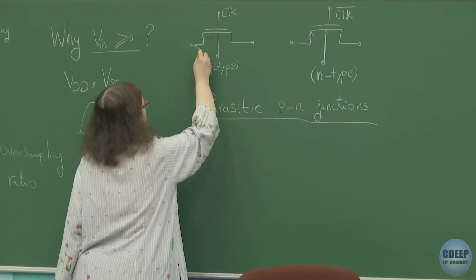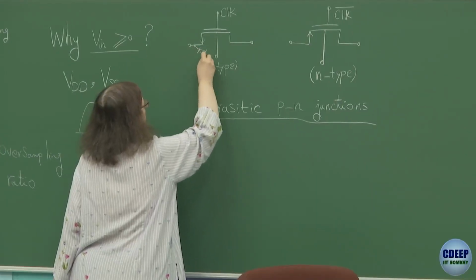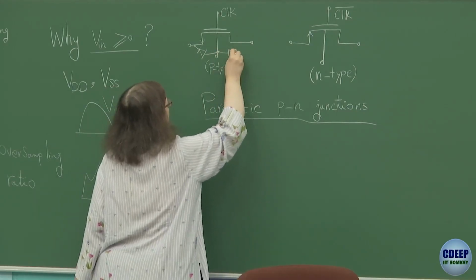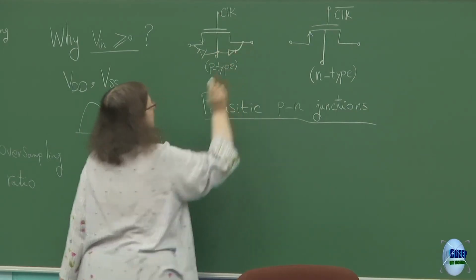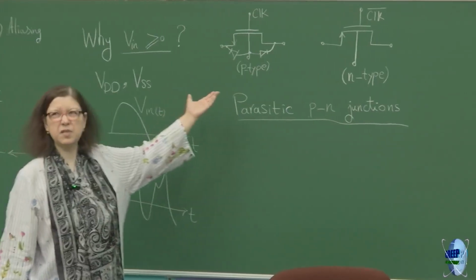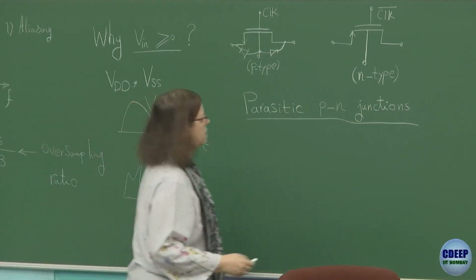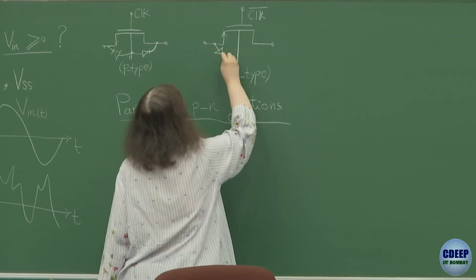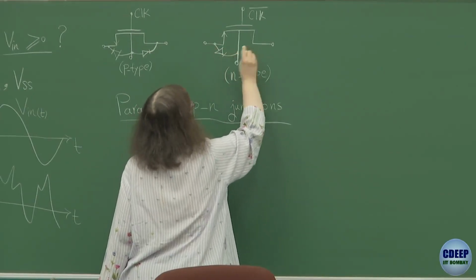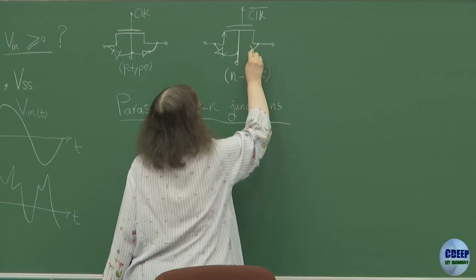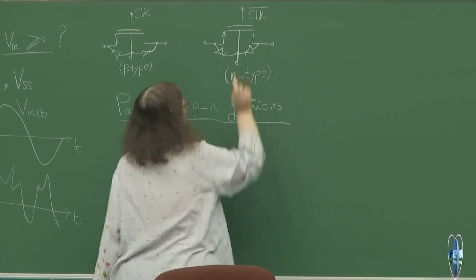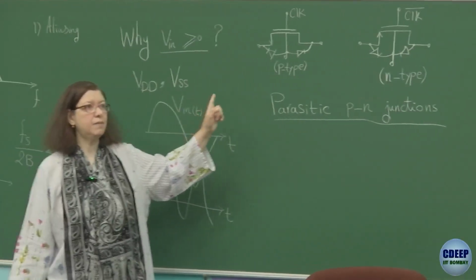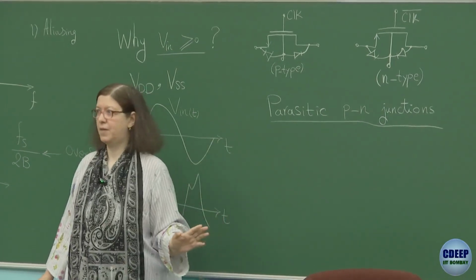For NMOS, they appear that way, if you want to create an approximate lumped model. Similarly, for P-channel, they appear the other way around. These diodes have to be reverse biased always.